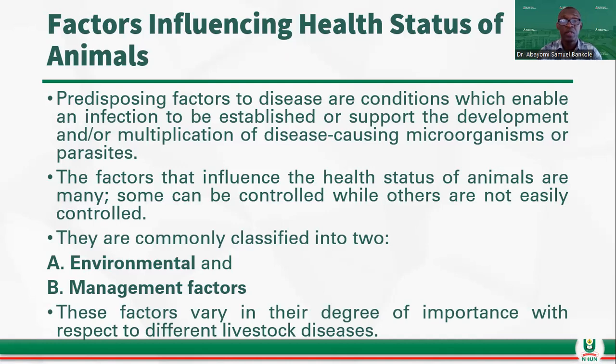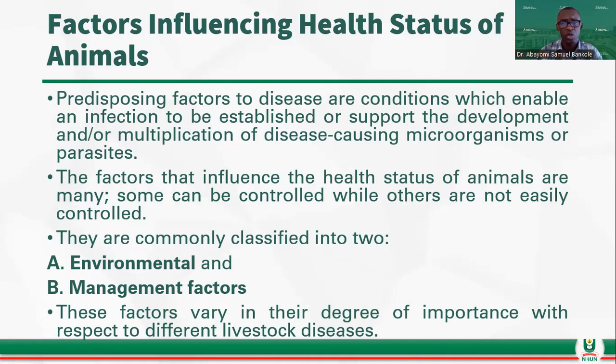Now, predisposing factors to disease can be said to be conditions which enable an infection to be established or that support the development and or multiplication of disease-causing microorganisms or parasites. Now, the factors that influence the health status of animals are quite many.